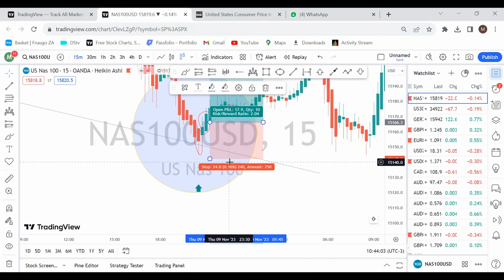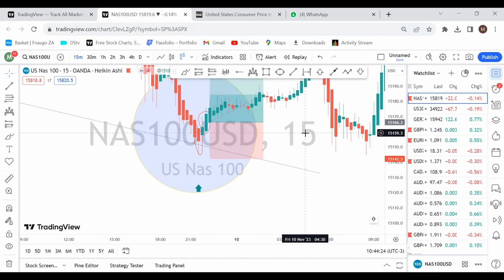Because usually if you put it at the same level, the market can go back to that point, for example, to retest the support, forming what we call a double bottom, right? And in this case, we did have a double bottom, but the fact that we set our stop loss below it, the market didn't take out our stop loss.